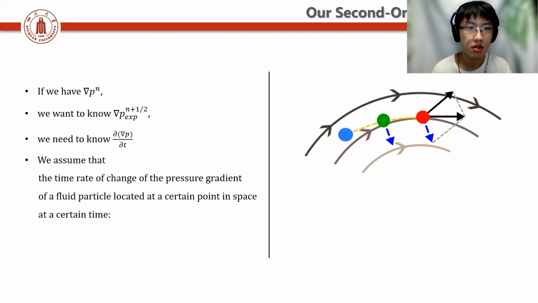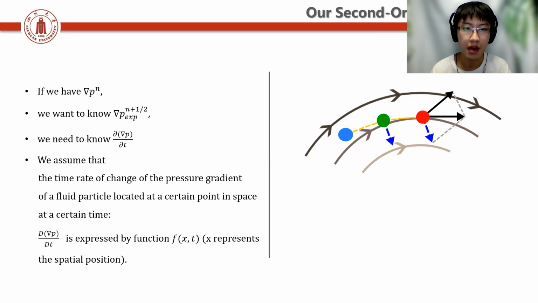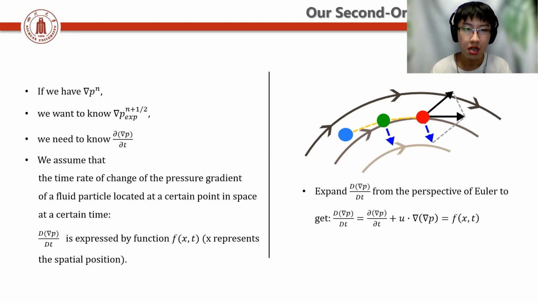So we assume that the time rate of change of the pressure gradient of a fluid particle located at a certain point in space at a certain time is expressed by a function, where x represents the spatial position. We expand it from the perspective of Euler to get this, and then move the term to get this.